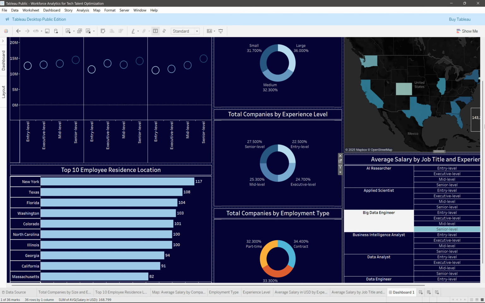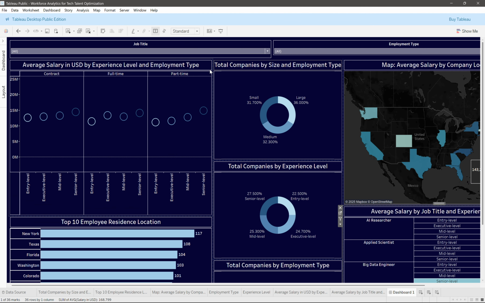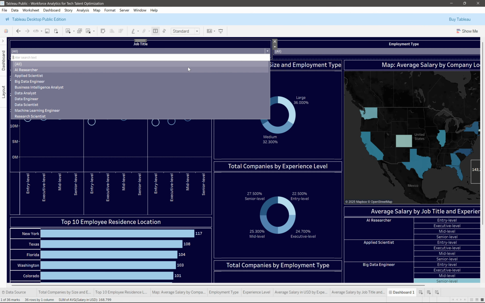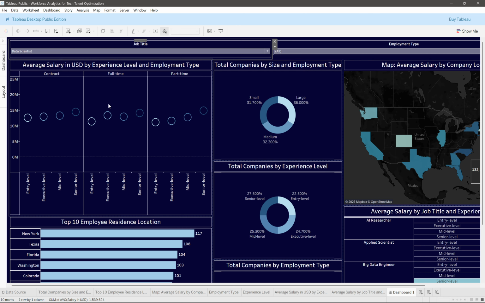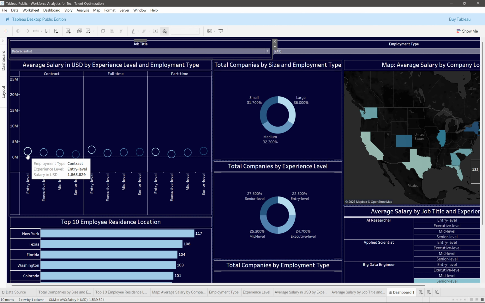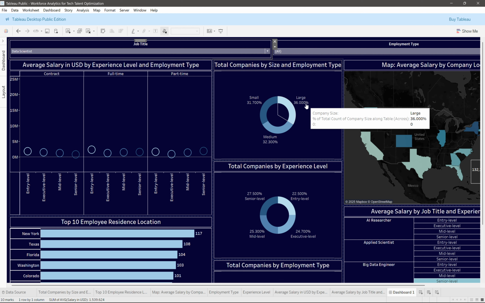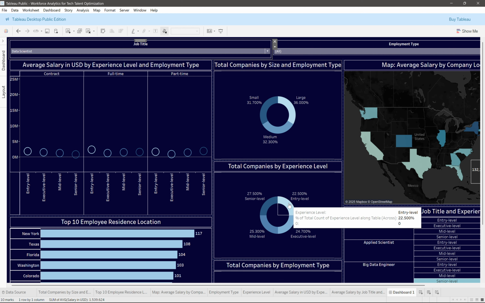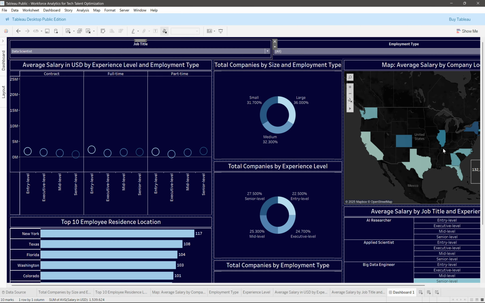To round out this presentation, I have a small experiment: if we use data scientist as the job title, we can check that entry-level job salaries are 1.8 million, in full time it's 2.3 million, and in part time it's 1.7 million. Total companies by employment type, data scientists are 36%, and 22.5% for the experience level.